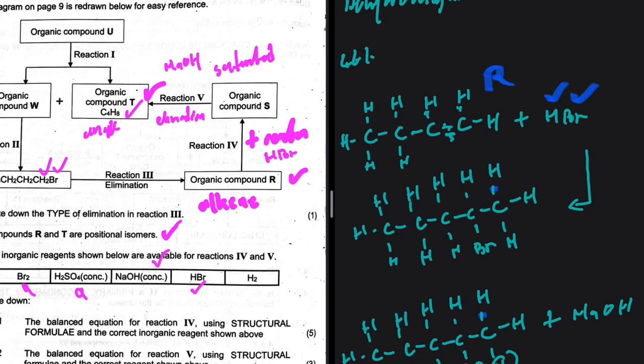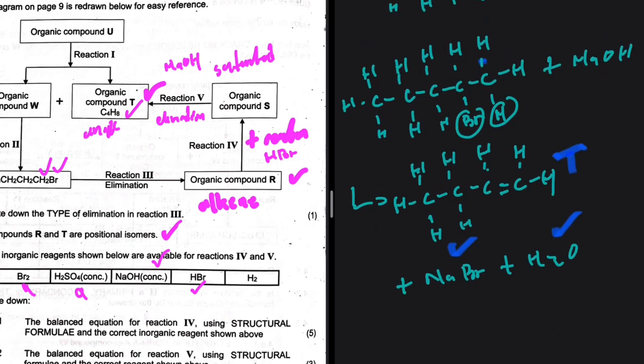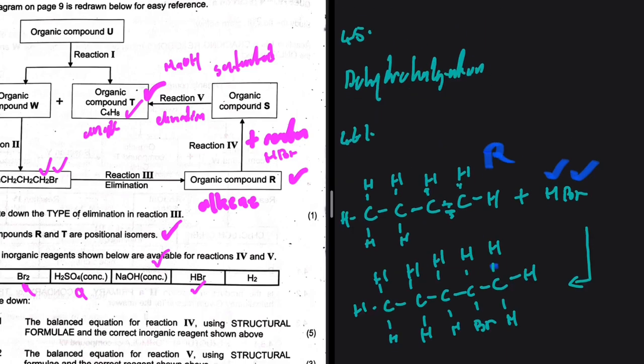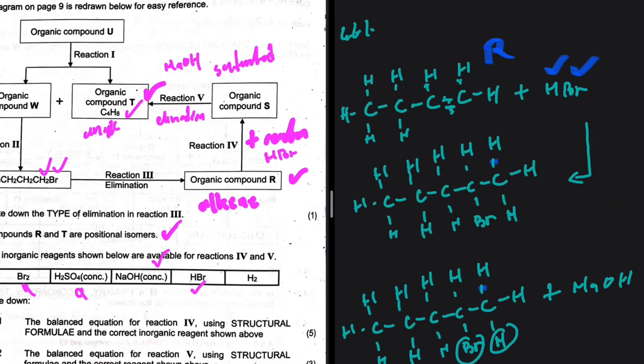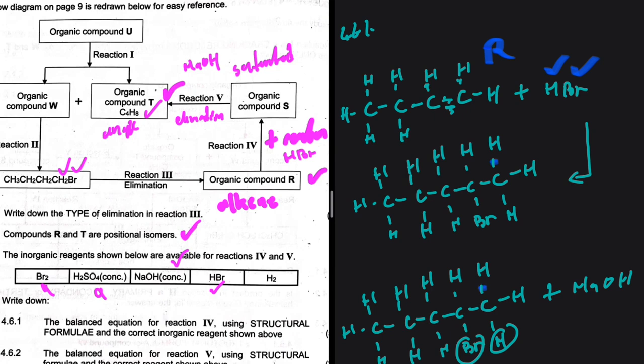So compound T and compound R should be positional isomers. But if you look at what I have here, they look the same, right? And that can't be. They're said to be positional isomers. They're not said to be the same compound. So we need to change the position of the functional group. But in compound R, we cannot really change the position of the double bond. It has to be on the first carbon, because the Br is here, right?